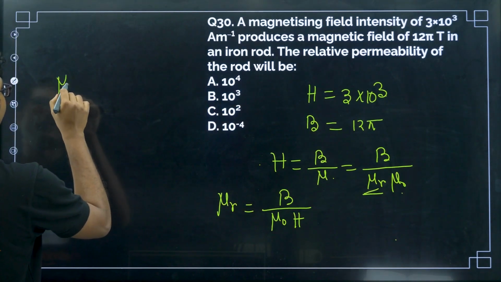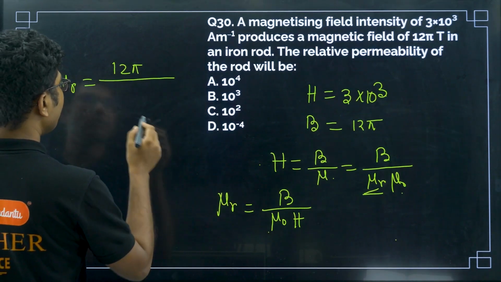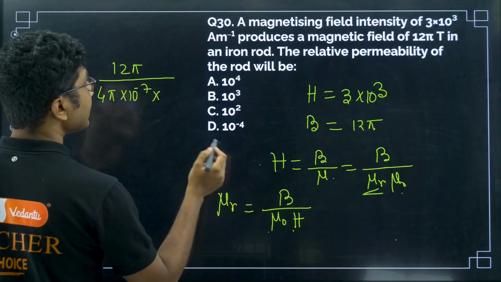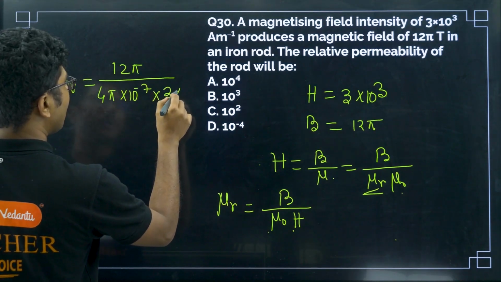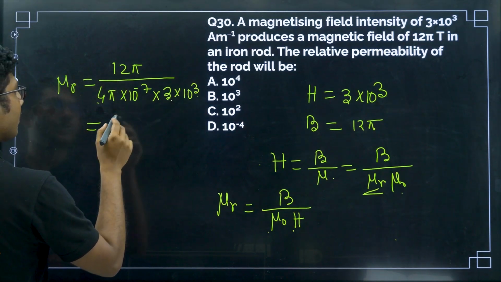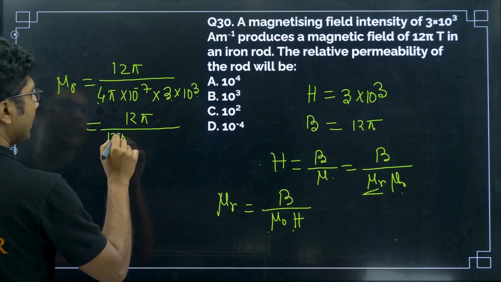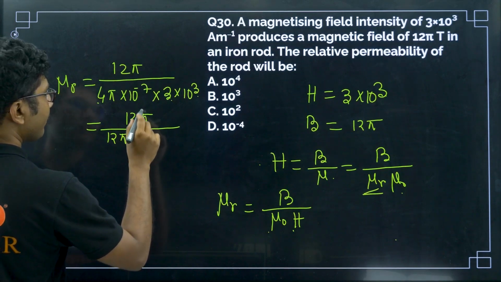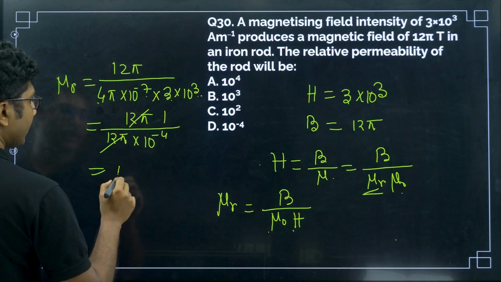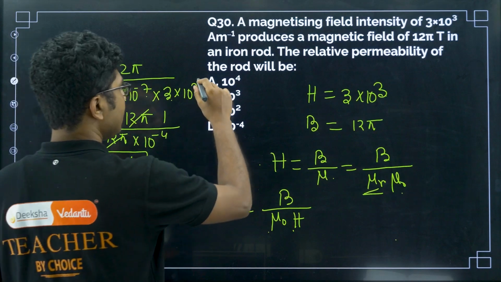So mu r we are trying to find, B is 12 pi, mu naught is 4 pi times 10 to the power of minus 7, we already know that, and H is 3 times 10 to the power of 3. So 3 4s are 12, 12 pi. Here also 12 pi times 10 to the power of minus 7 plus 3, so minus 4. So 12 pi cancels, so 10 to the power of 4. So mu r is 10 to the power of 4. Correct answer is option A.